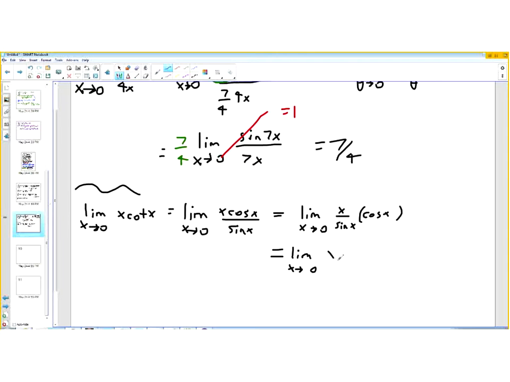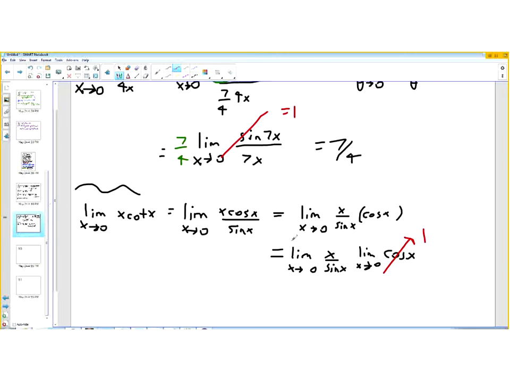Okay, so we can do that, just knowing the definition of the cotangent function. And we can use direct substitution on the second factor, okay, because 0 is in the domain of the cosine function, so that's just 1.